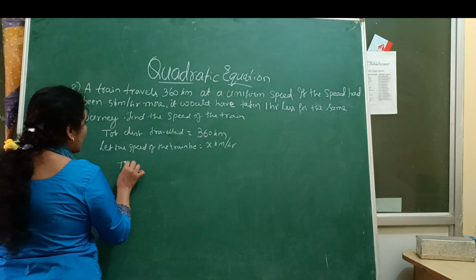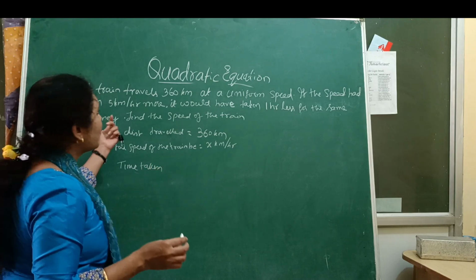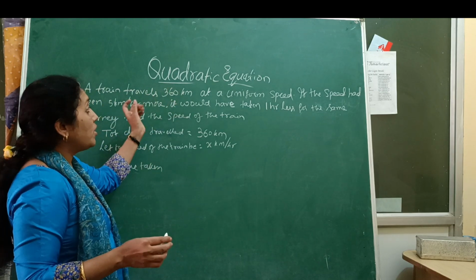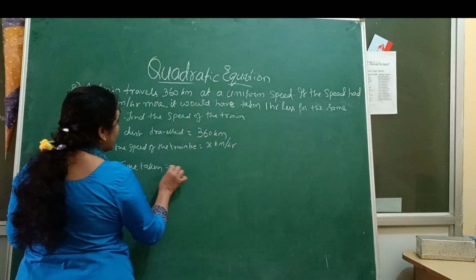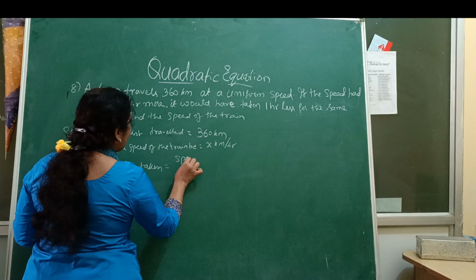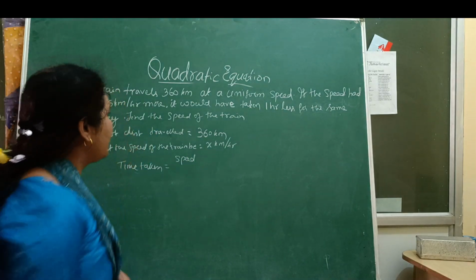So distance we know and speed of the train we know. Therefore, time taken. Why are we calculating only the time? Because they have given that the difference is 1 hour.